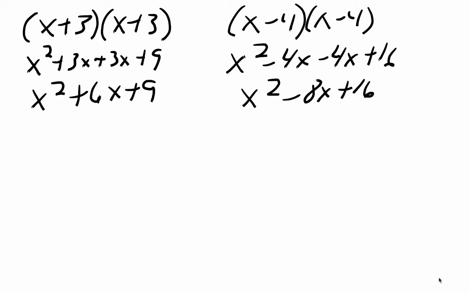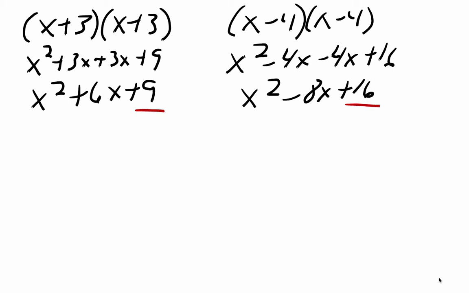So those are perfect square trinomials because right here, those are perfect squares, meaning some number times itself gave me 9. Same way here, some number times itself gave me 16. So we're looking for numbers at the end, the C part, this 9, this 16, where some number times itself gives us those numbers.